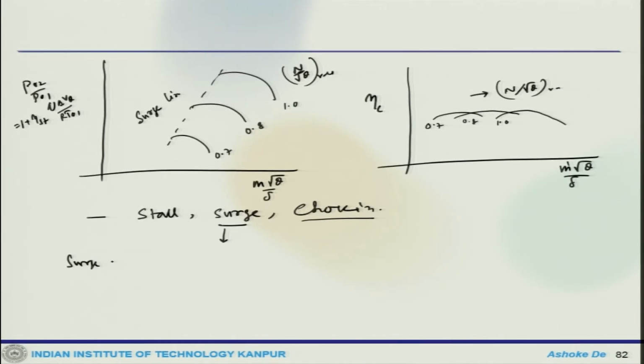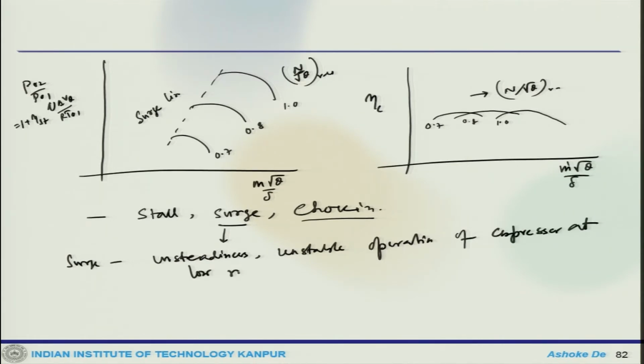So, one can think about this as unsteadiness, it is unstable operation of the compressor at low mass flow rates.